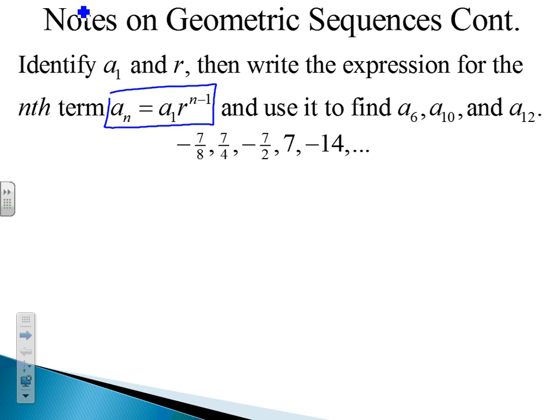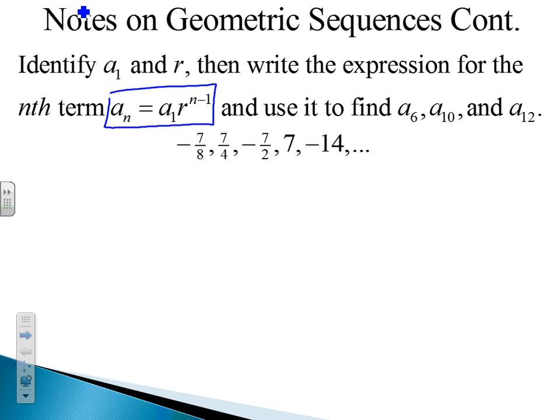And then I would go to the 7 and subtract the negative 7 over 2 and see, well, it's not the same. It's not negative 21, so it's not an arithmetic sequence, because we have to have that common difference, which I continually refer to as slope. The common difference and the slope of an arithmetic sequence are the same thing.